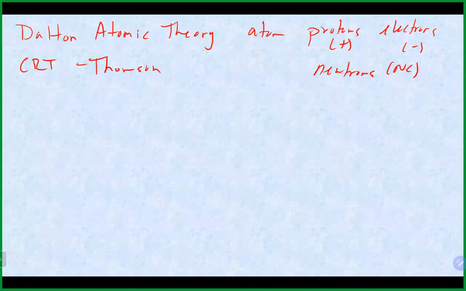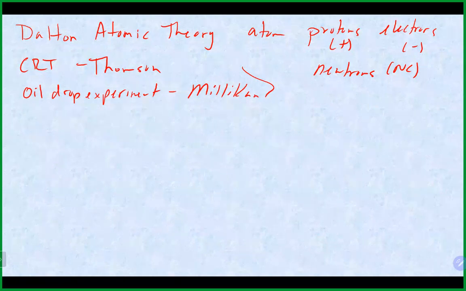Thomson's experiments with the CRT tube and the oil drop experiment, which was done by Millikan, basically together gave us the charge and the mass of an electron. The mass of an electron was found to be something like 0.09 times 10 to the minus 28 grams, which is a fairly small number.